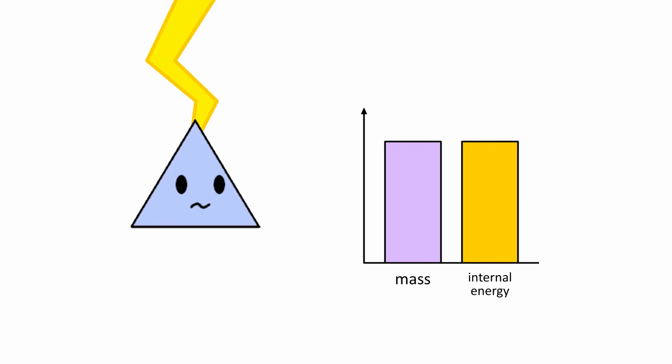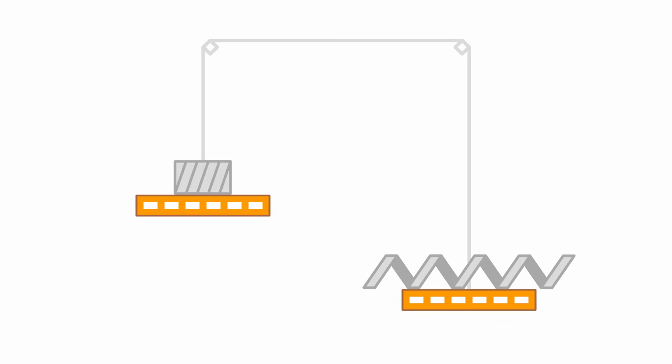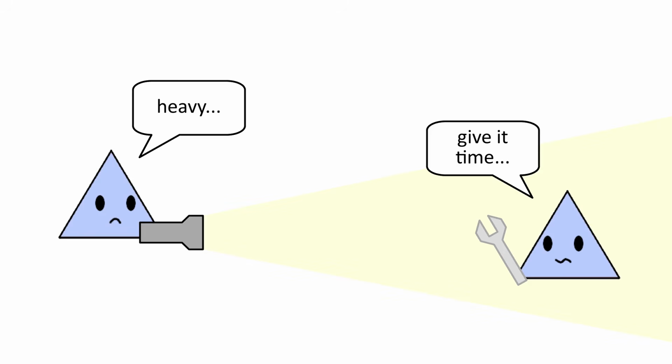This has massive implications. For example, even an otherwise unchanging metal cube is literally heavier when it's hot compared to when it's cold. Likewise, a spring weighs more in tension than relaxed due to elastic energy, and a flashlight actually gets lighter as you use up the battery's energy.